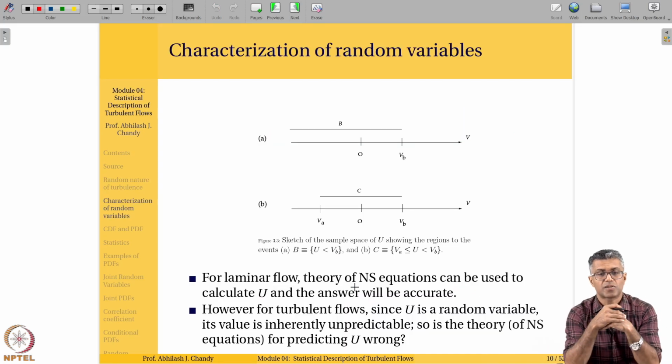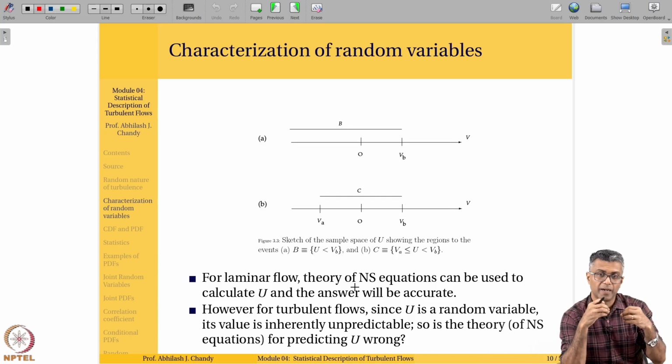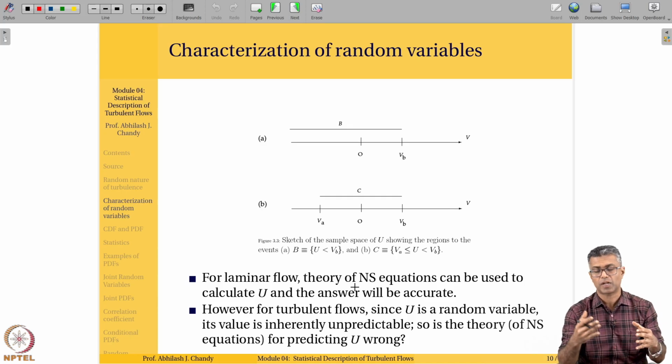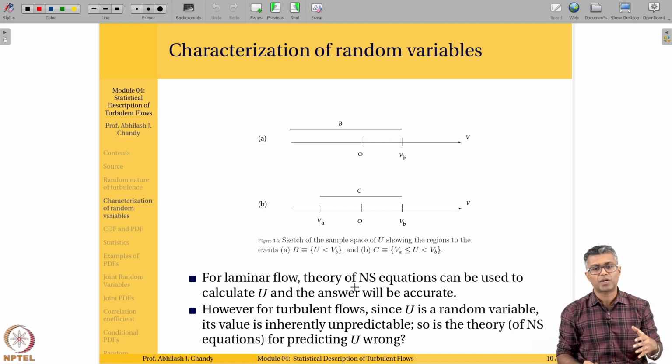So that takes us to the characterization of random variables. Now that we know that fluid variables behave in a random manner, it would be wise to start to characterize random variables.